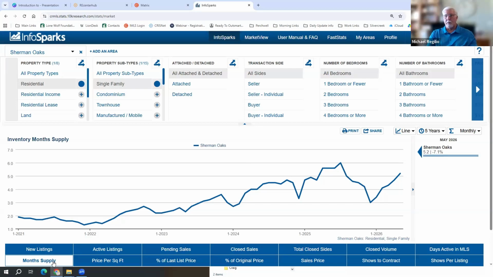The month's supply of inventory is the total number of homes on the market that, if no other homes came on the market, based on how many properties were going into escrow, how long would it take to sell all the homes that are available today? So that's your month's supply.